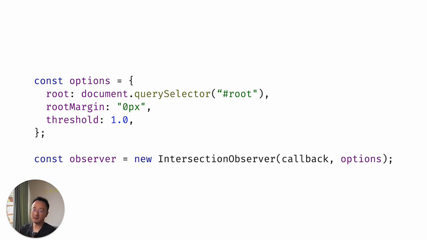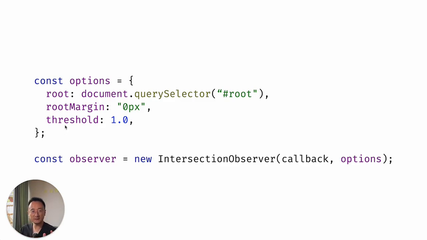And the threshold is what percentage of the target and the root overlap. When you set the threshold to 0, it's very accurate, and whenever the target just reaches the root rectangle, it triggers the observer. On the other hand, 1 is 100%. That means the whole target has moved into the root, and that will trigger the observer.